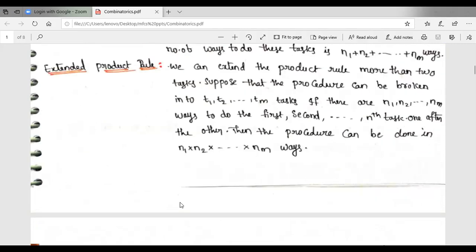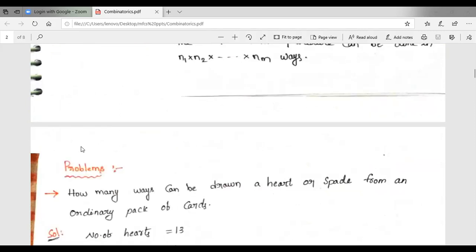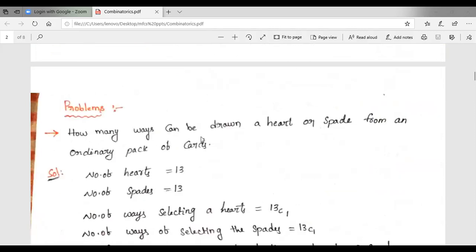Going to examples. How many ways can a heart or spade be drawn from an ordinary pack of cards? In an ordinary pack of cards, the number of hearts is equal to 13 and the number of spades is equal to 13.